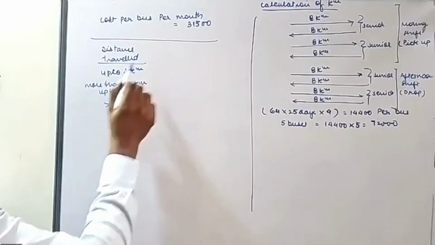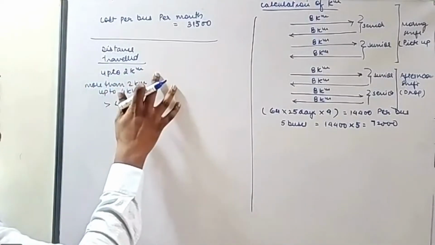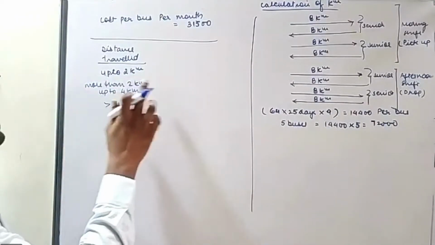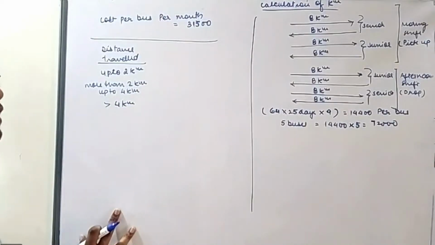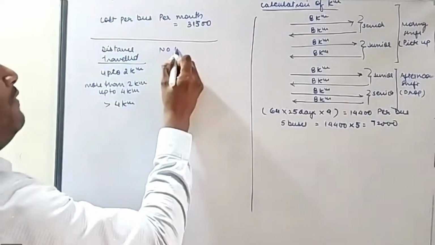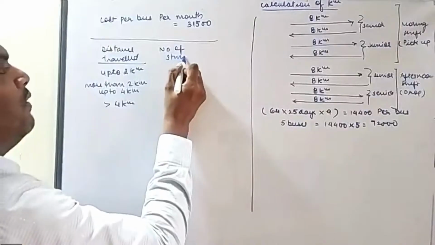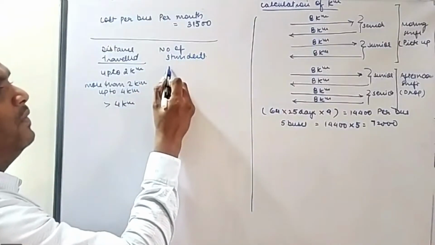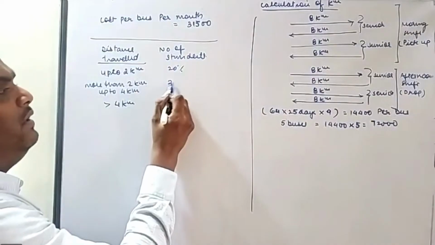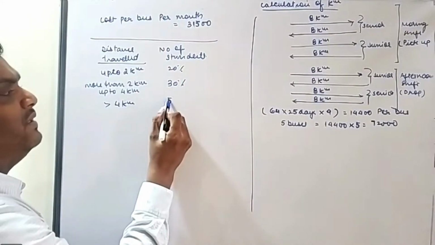Let's say the distance traveled is given up to 2 kilometers. Second case, more than 2 kilometers, up to 4 kilometers. And next is more than 4 kilometers. And the number of students traveling are, let's say, 20%, 30%, and 50%.